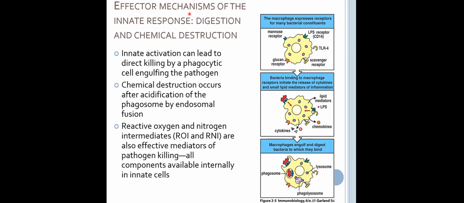And so one effector mechanism that's commonly used by the innate immune response is digestion and chemical destruction. So we're just going to try to eat everything in the extracellular space that is suspect, and we're just going to try to destroy it. But this is going to cause even more inflammation and potentially tissue damage. And so this is potentially problematic.